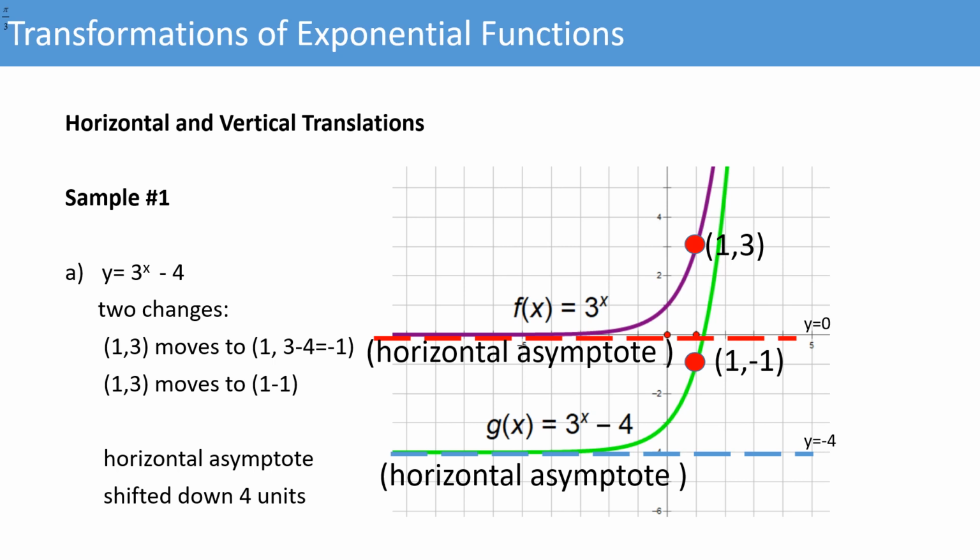We will see that the horizontal asymptote, which is represented by the blue dotted line, is now at y = −4, so it has been shifted down as well. And the point we had at (1, 3) has also shifted down to become (1, −1). So what we see that the negative 4 represents is a shift up or down by the number of units represented.